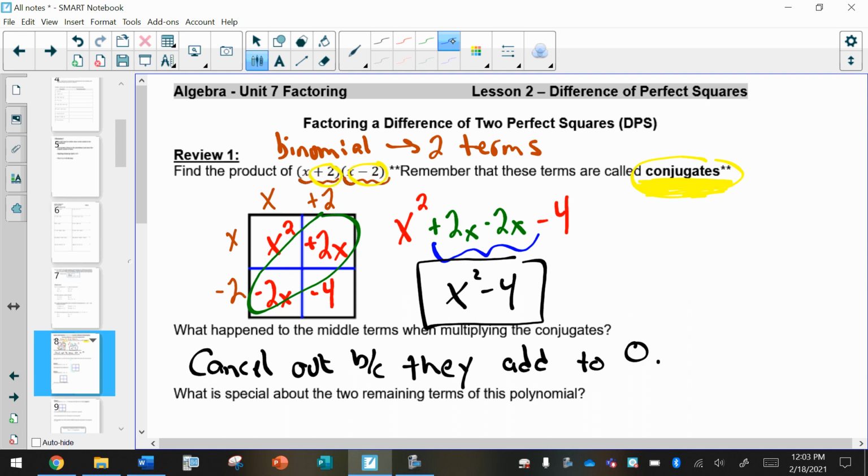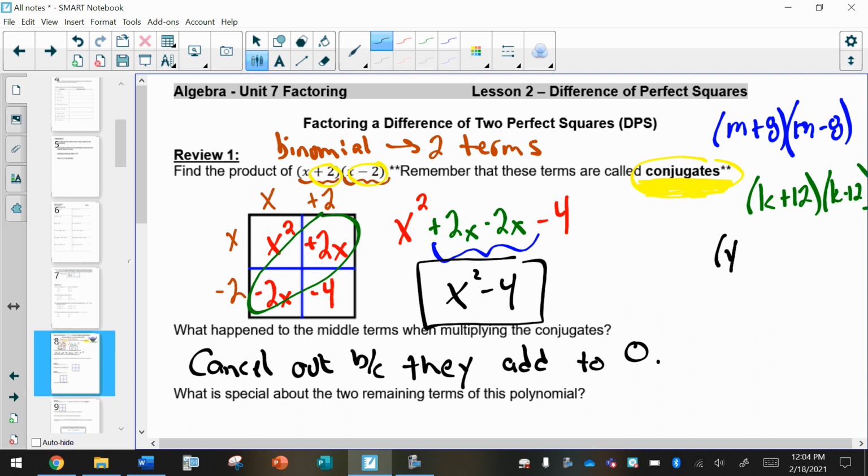So another example of a pair of conjugates would be m plus 8 and m minus 8. Those are conjugates because they're the same number, but one's positive, one's negative. Another example would be k plus 12 and k minus 12. Those are conjugates because it's the same number, 12 and 12, but one's positive, one's negative.